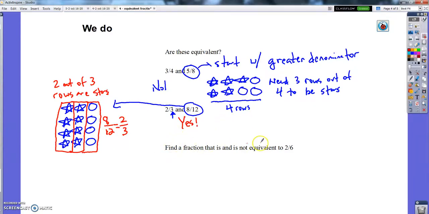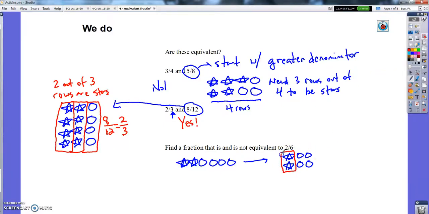And last but not least, find a fraction that is equivalent to 2/6. So let's see, 1, 2, 3, 4, 5, 6. 2/6 of those are stars. So let's see if I can rearrange these in a way that lets me see another fraction. If I line up my stars, since I have 2, if I line them up like this, and then 2 circles, if I rearrange my set counters that way, I can see an equivalent fraction here, right?